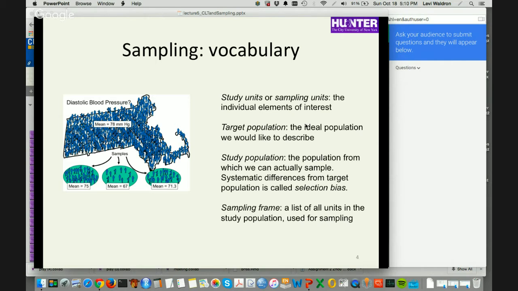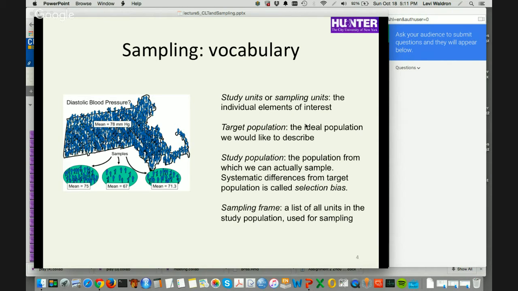And then the study population is the population from which we actually sample, which ideally would be the same as the target population, because if it is different, then that systematic difference is called selection bias. A classic example of that is surveys meant to target all Americans of voting age, but which used telephones at a time when not everyone had a telephone, so the study population was adults with a telephone, and the target population was all adult citizens.